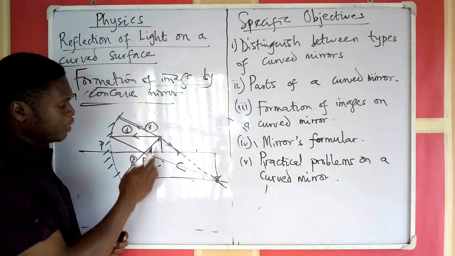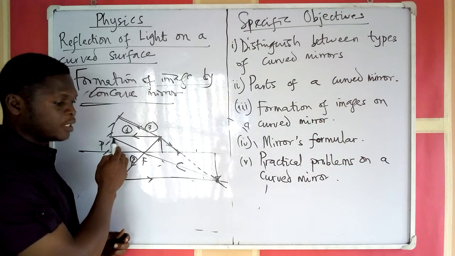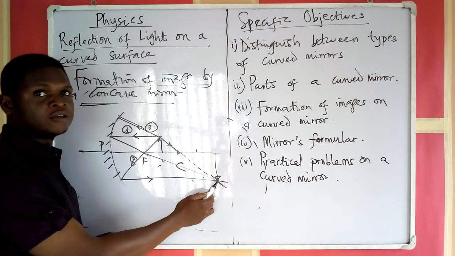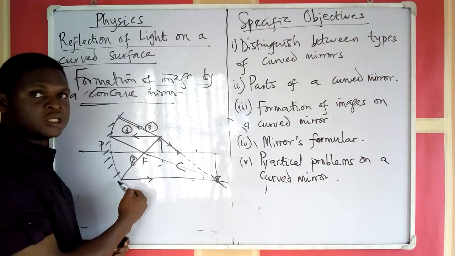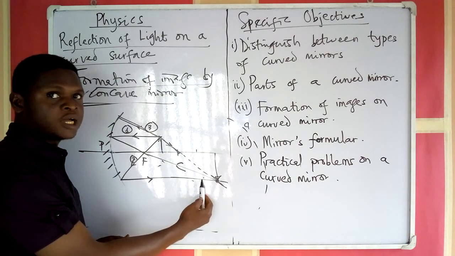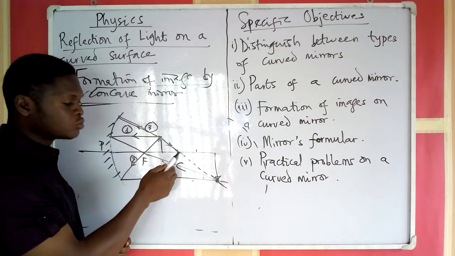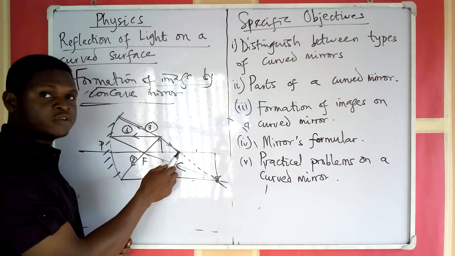I'll recap. Ray 1 is the one that travels parallel to the principal axis and passes through the principal focus after reflection. Ray 2 is the one that travels through the principal focus and travels parallel to the principal axis after reflection. And ray 3 is the one that passes through the center of curvature.